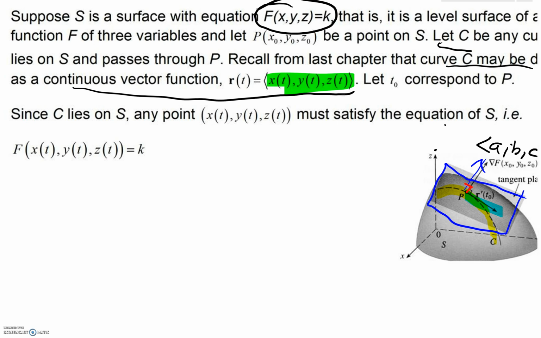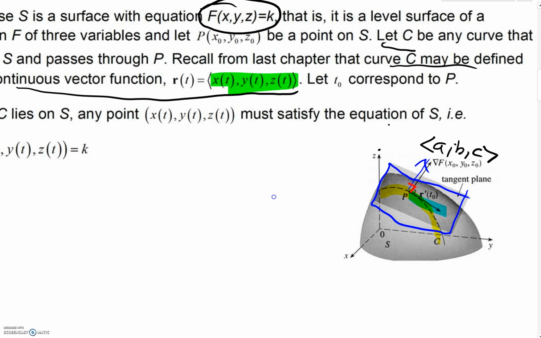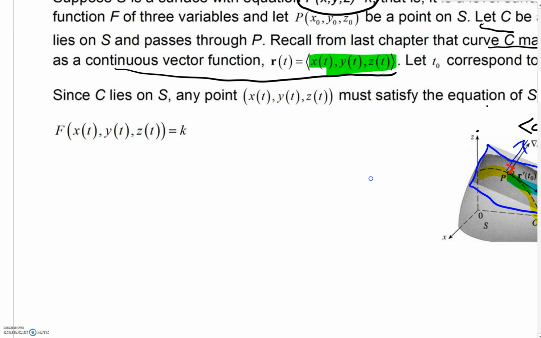So here's what we're about to do. We'd like to see if we could make some kind of a link between this surface in gray, that curve, and get a tangent plane as well. You can see in blue right over here, I've drawn a tangent plane. Well, you might wonder how that's all going to come together.